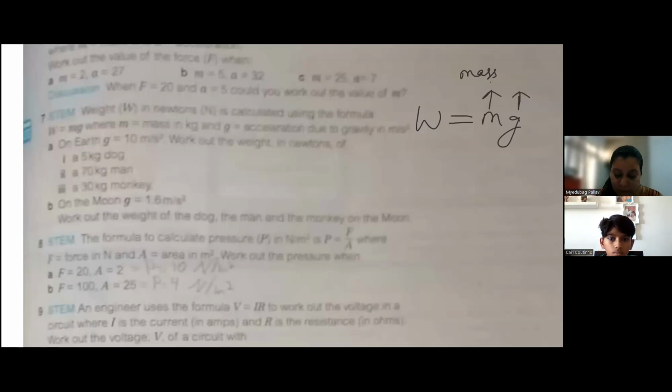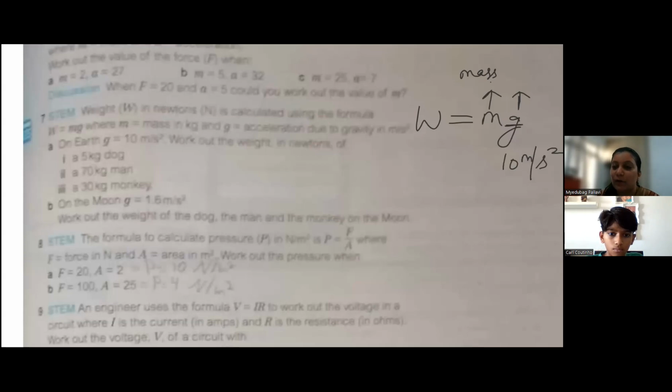We have to find the values of w for different values of m, because the value of g we have to take as 10 meter per second square always. It is actually constant. The value for acceleration due to gravity is 10 meter per second square. You learn in physics that its value is constant on earth.